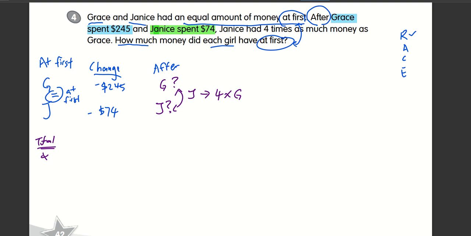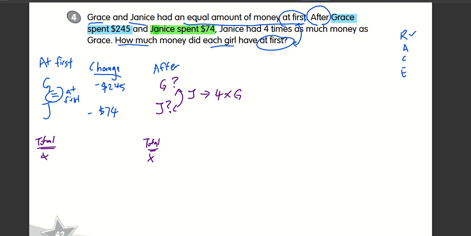How about after? Do you have the total after? Also don't have. Okay, then we ask ourselves, is the total, the sum of both of them, important here? Because you see, there's a change.